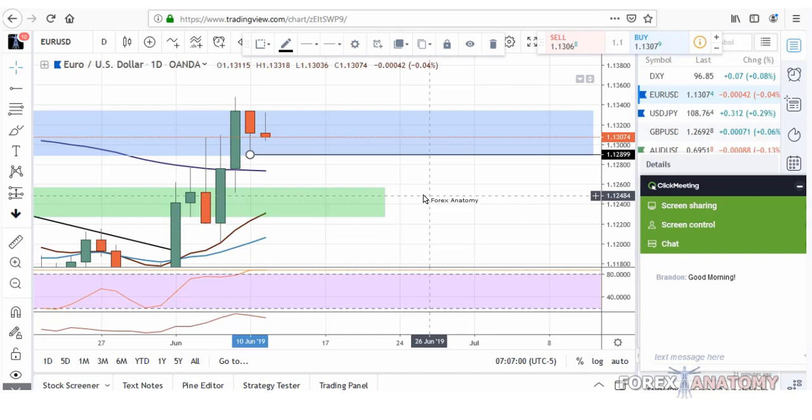We've been seeing the dollar benefit as a result of some optimism regarding the trade resolution between the US and Mexico. You remember over the weekend they came to some form of resolution over border security, immigration, and even tariffs.